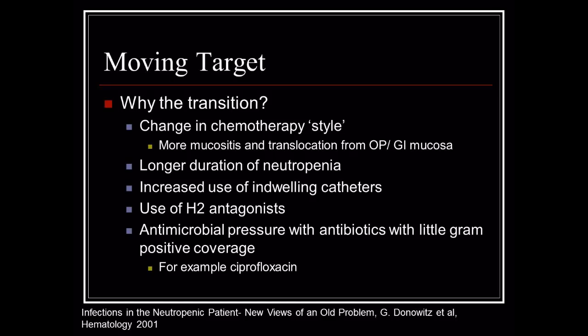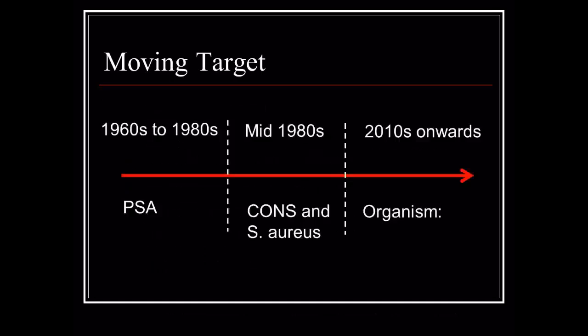We were using more indwelling catheters like Hickmans, H2 antagonists, and antibiotic pressure with antibiotics with little gram-positive coverage. Imagine a flat plane, which is your microbiome. You smush it down in the center with the Cipro, and then it rises on either side, selecting out bugs that are resistant to Cipro or can grow past ciprofloxacin.